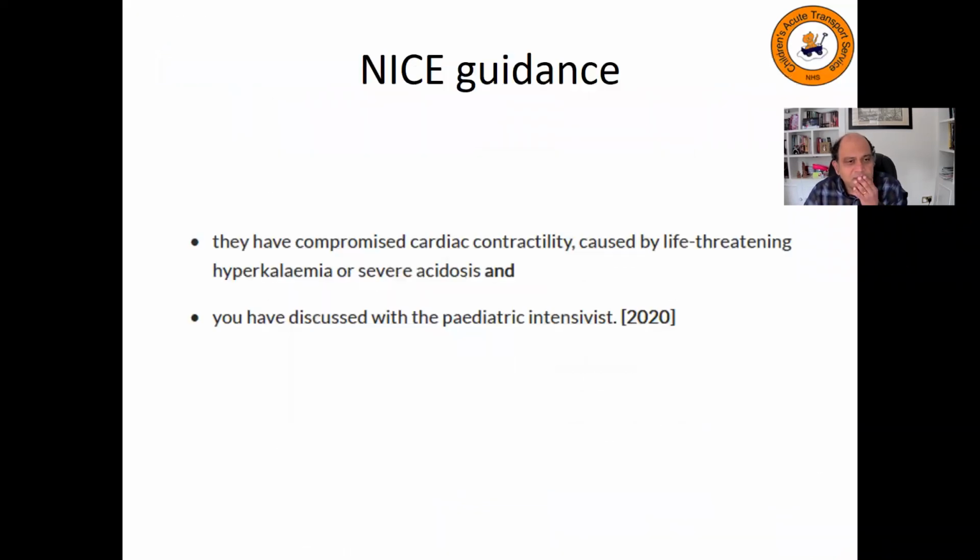Next slide, please. NICE guidance have nuanced this by specifying that if the patient has compromised cardiac contractility that's caused by life-threatening hyperkalemia or severe acidosis, and you have discussed with your friendly neighborhood intensivist, then you can give some bicarbonate.